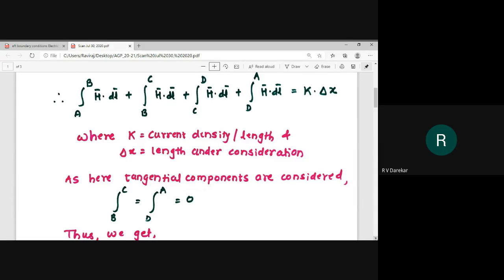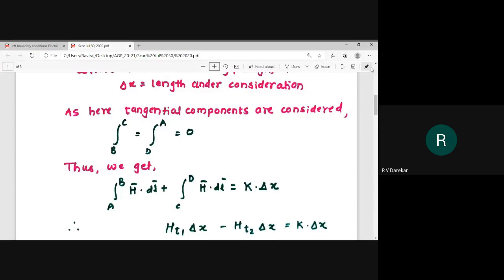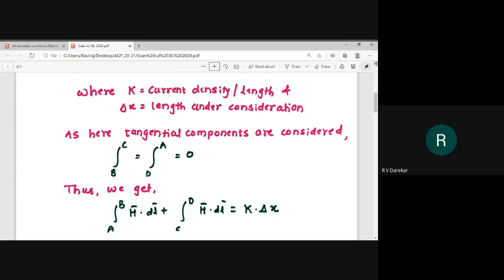Therefore, if the integration from B to C as well as the integration from A to D is contributing equal to 0, we can write the integration from A to B of h bar dot dl bar plus the integration from C to D of h bar dot dl bar is equal to k into delta x.